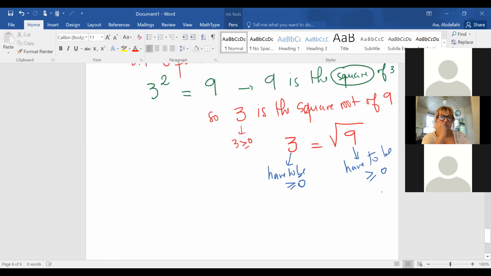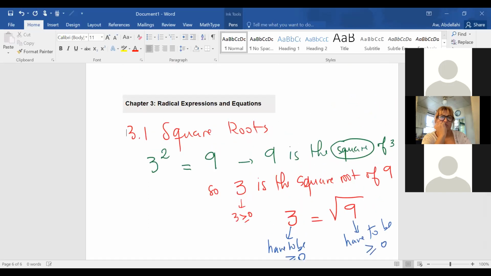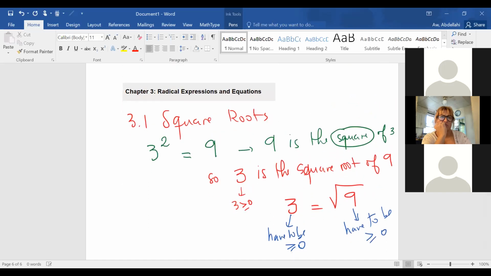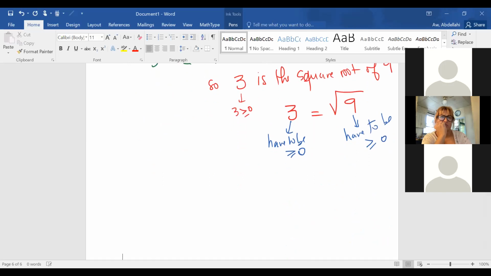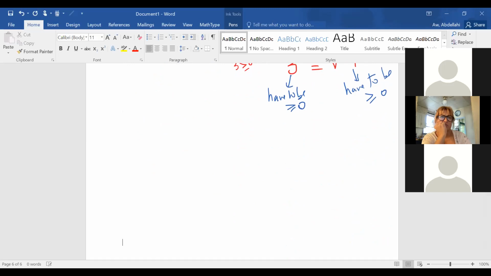That is when we write 3 is equal to square root of 9. So that is the definition of square root. The square root is basically the inverse operation of square. When you square something, the inverse of that is a square root.